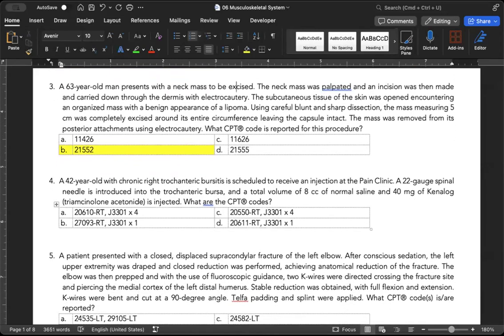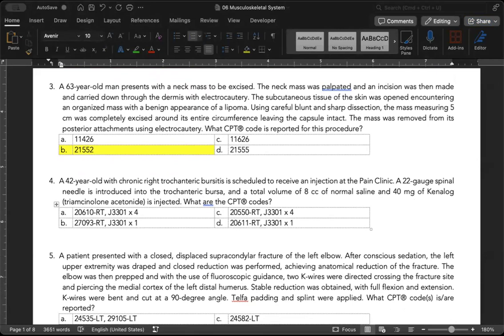Okay. Let's do number 4. We have a 42-year-old with chronic right trochanteric bursitis, and they're scheduled to receive an injection at the pain clinic.